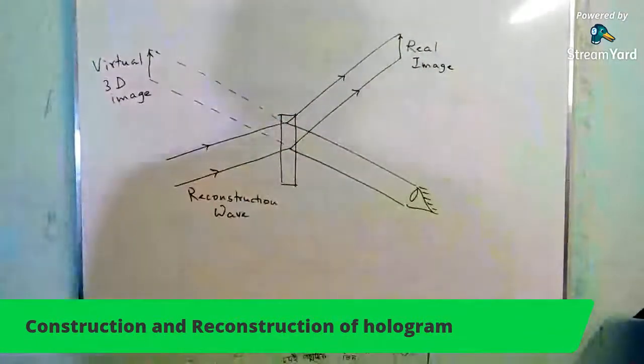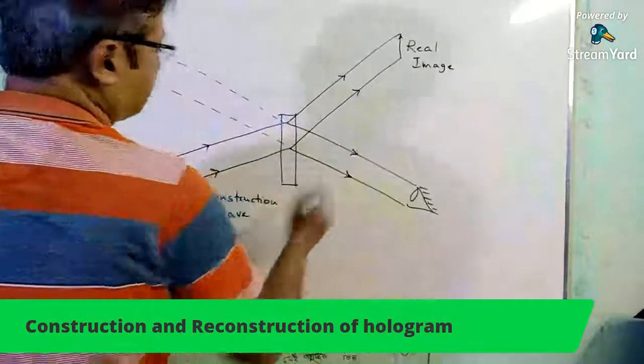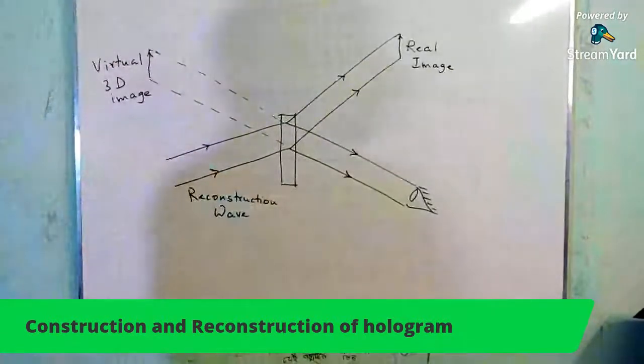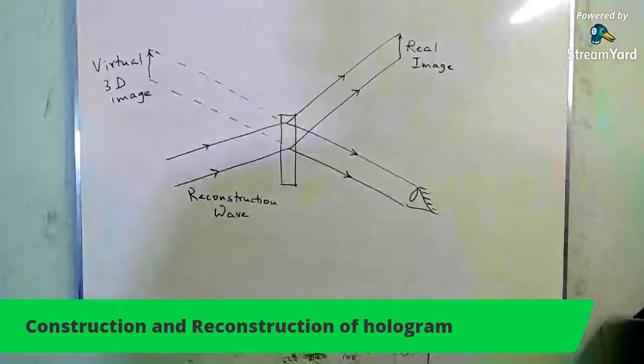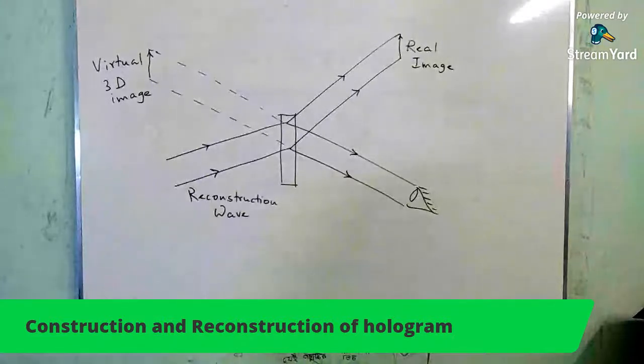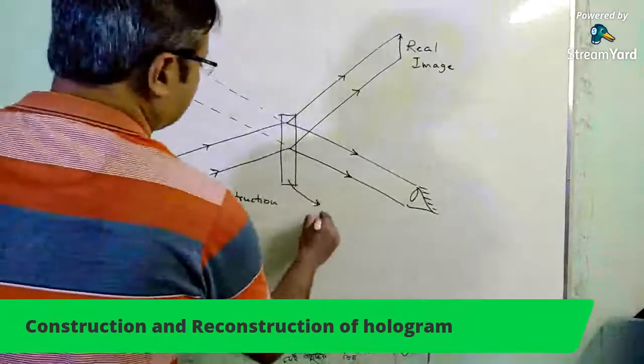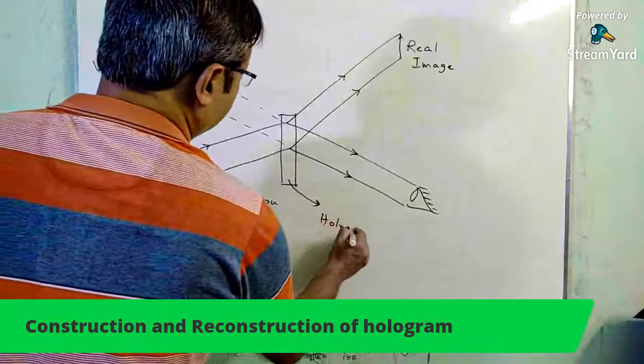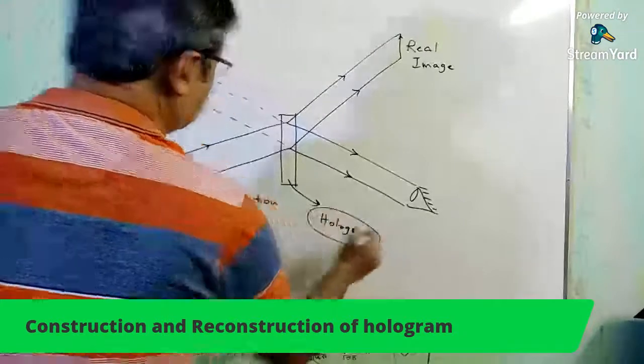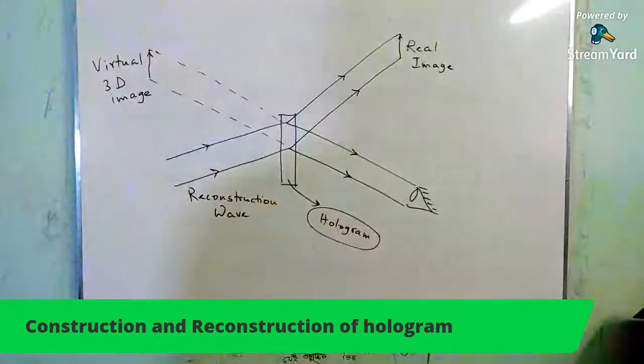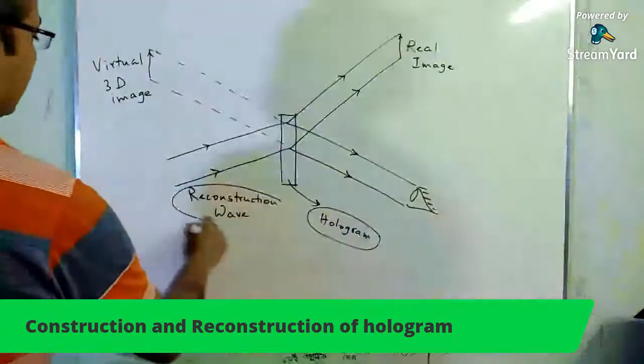So this is the way we actually reconstruct a hologram. This is the reconstruction figure or schematic diagram of how we can reconstruct a hologram. So here is the hologram, and this hologram is at first illuminated with coherent light, which is known as the reconstruction wave.